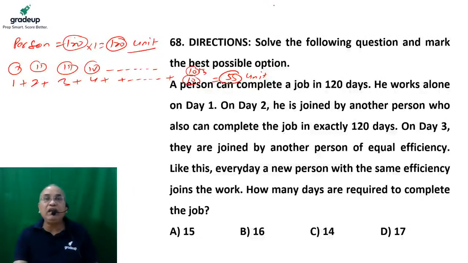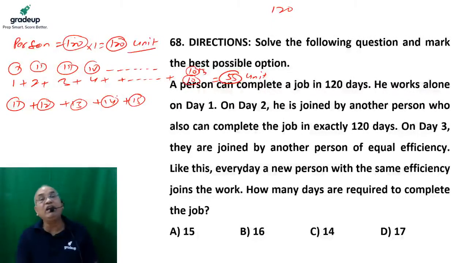So total work is 120 units. Out of 120, 55 they have completed. Now on the 11th day, 11 people are there, so 11 units of work will be completed. On the 12th day, 12 units. On the 13th day, 13 units. On the 14th day, 14 units. On the 15th day, 15 units of work completed.